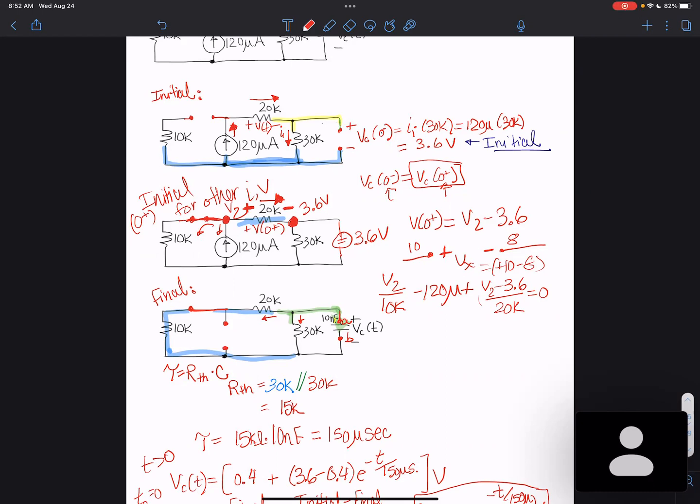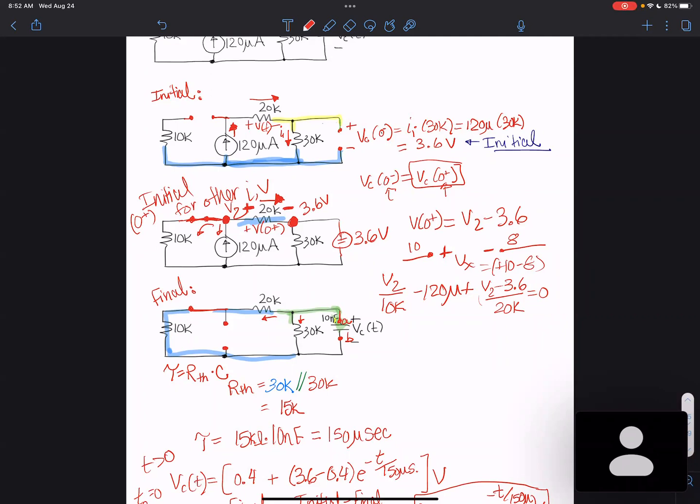And then we're doing it right as the switch closes as the initial condition. Does that make sense? Yeah, so we're just saying if the switch is closed. Yeah, right immediately as it closes, not when it's closed and sat there for a really long time. So right when it closes is that initial time for anything else in the circuit.